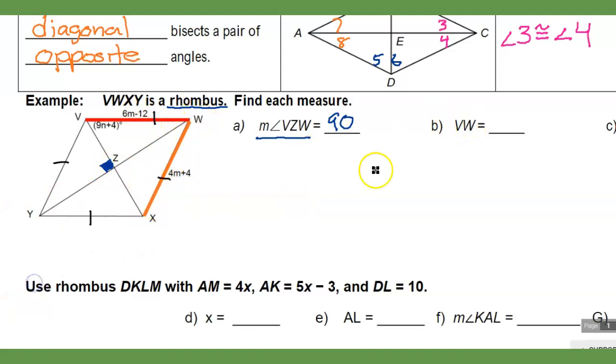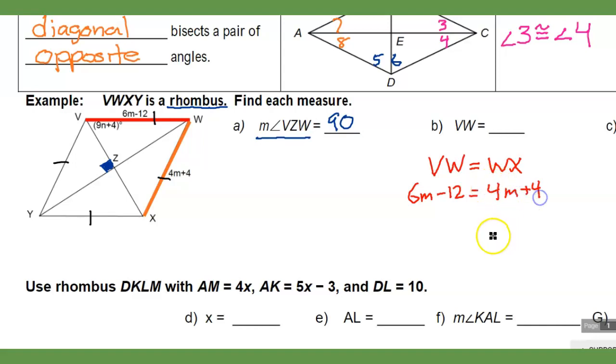So VW is going to be equal to WX because it's a rhombus. So VW is 6m minus 12 and 4m plus 4. Do a little solving, subtract 4m on both sides. 6 minus 4 will be 2m. Add 12 to both sides. 4 plus 12 is 16. So m is 8.